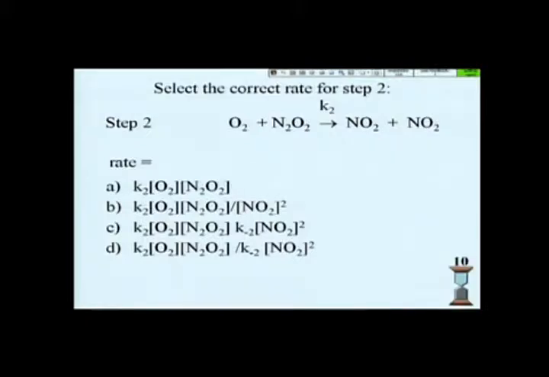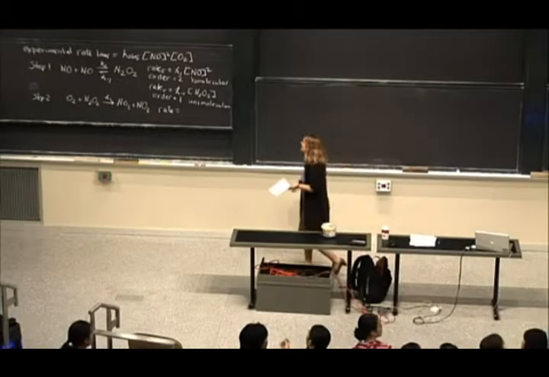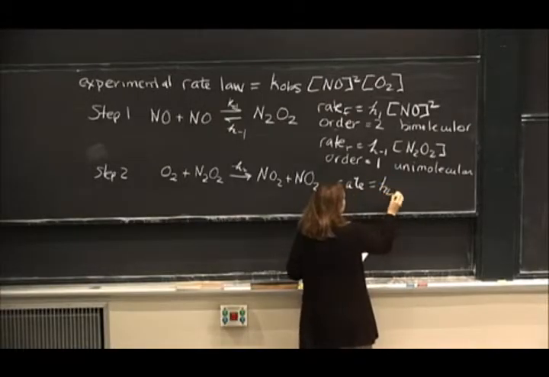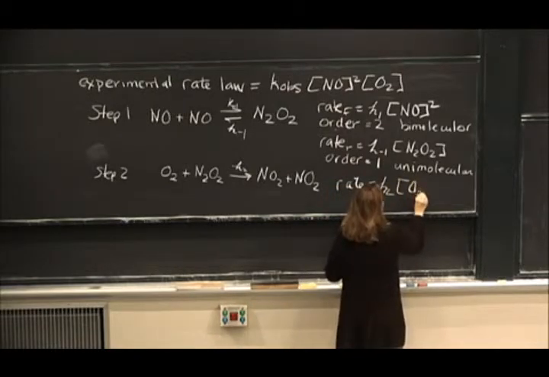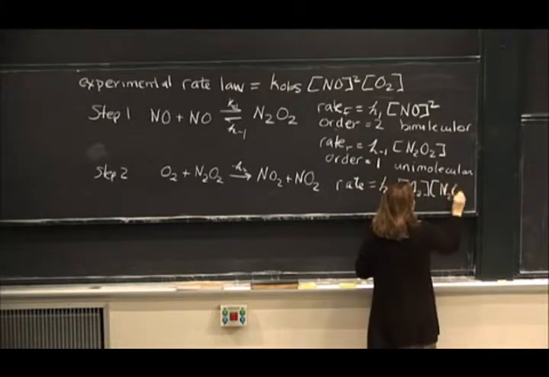Okay, just 10 more seconds. So we write it exactly as written. So we have K2 times the concentration of O2 times the concentration of N2O2.